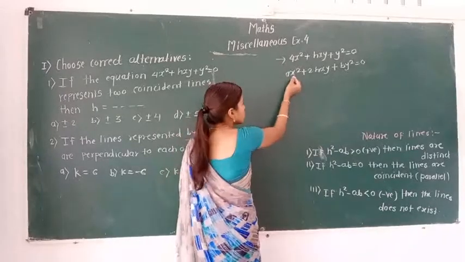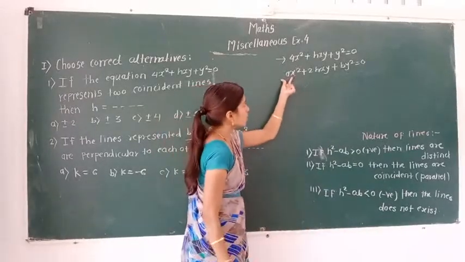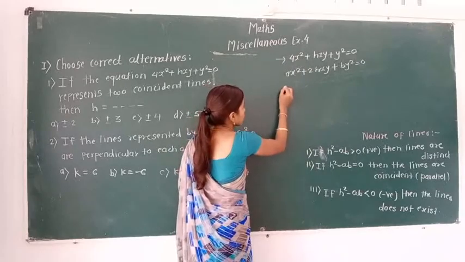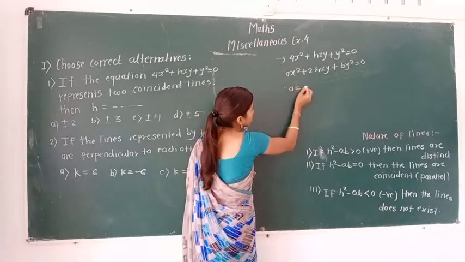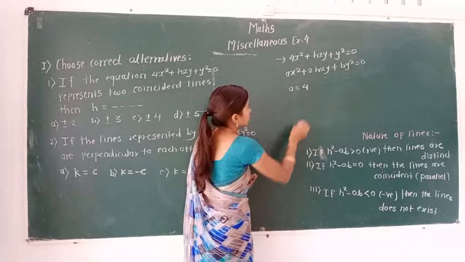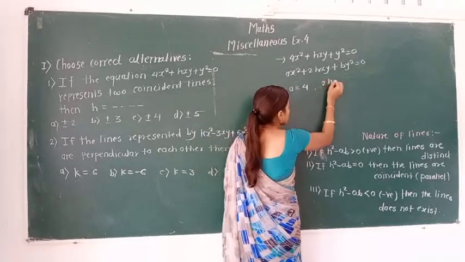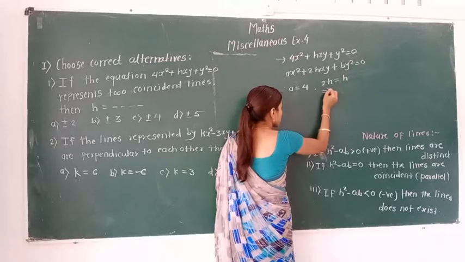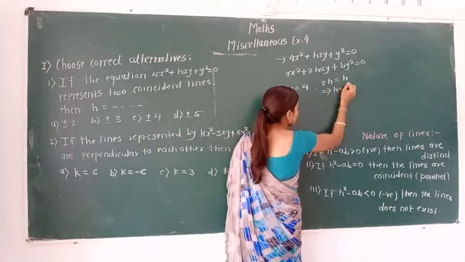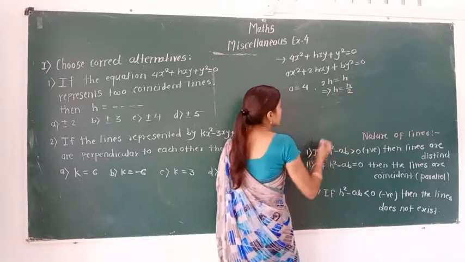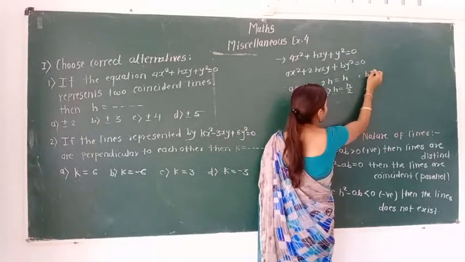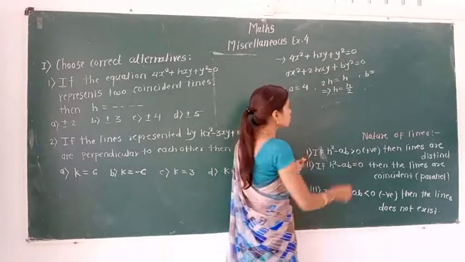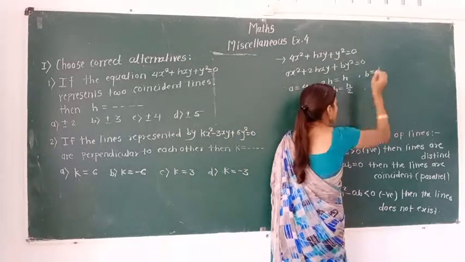Here the coefficient of x square is 4, so the value of a is 4. Then the value of 2h is h, that means the value of h is h by 2, and b is the coefficient of y square, which is 1, so the value of b is 1.